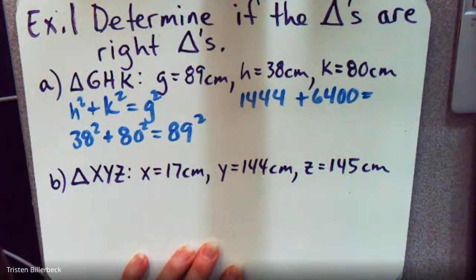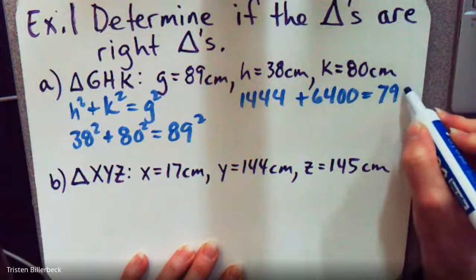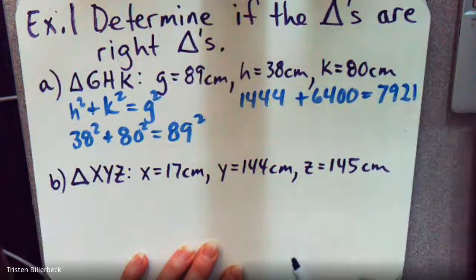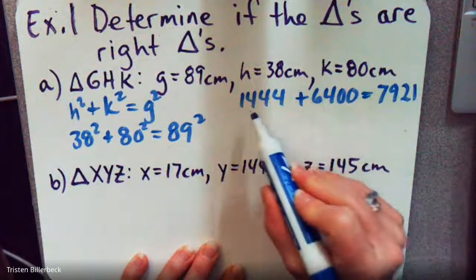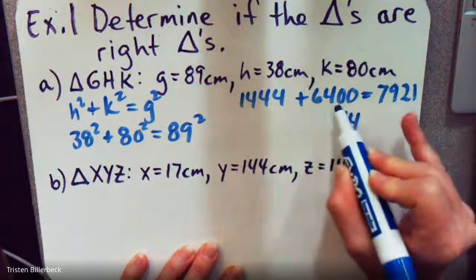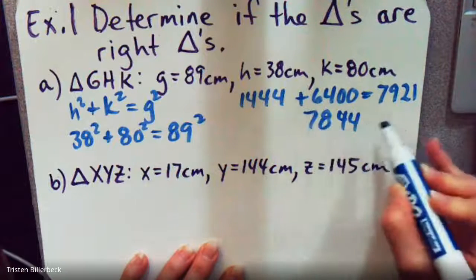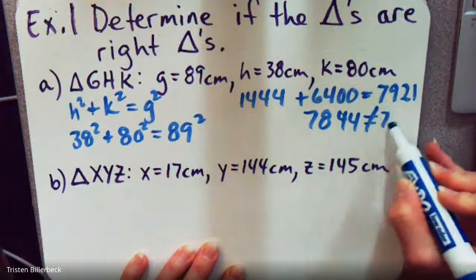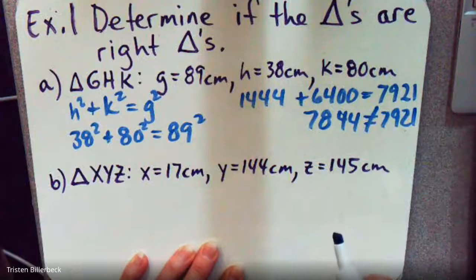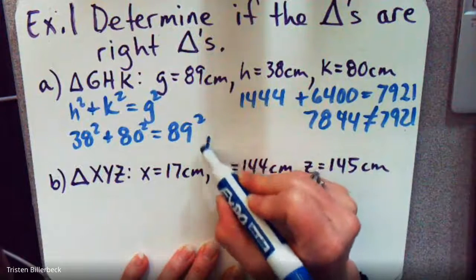And 89 squared is 7921. Well, that does not look like they're going to be equal. So when we add this together, we have 7844, and that does not equal 7921. Okay, so we have determined that this is not a right triangle.